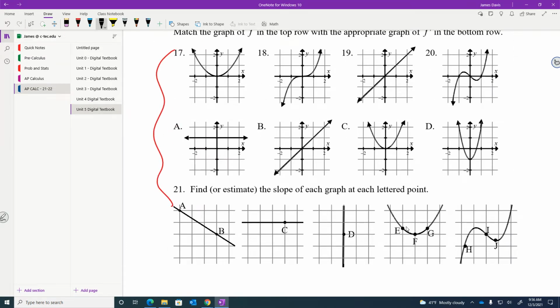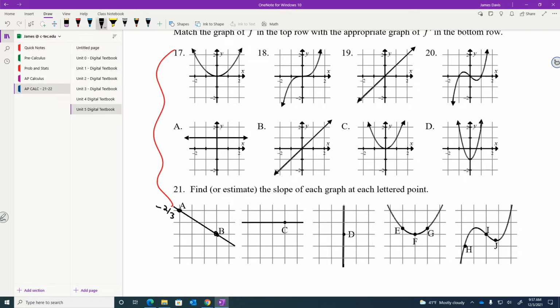Okay, so we're going to be doing this idea of estimating slopes. Maybe not the easiest thing to do, but let me just go over some of 21 here. I'm estimating the slope at point A. You can't really see because it doesn't go through an even spot, but find the next place where it goes through two even places, where it's down 2 over 3.